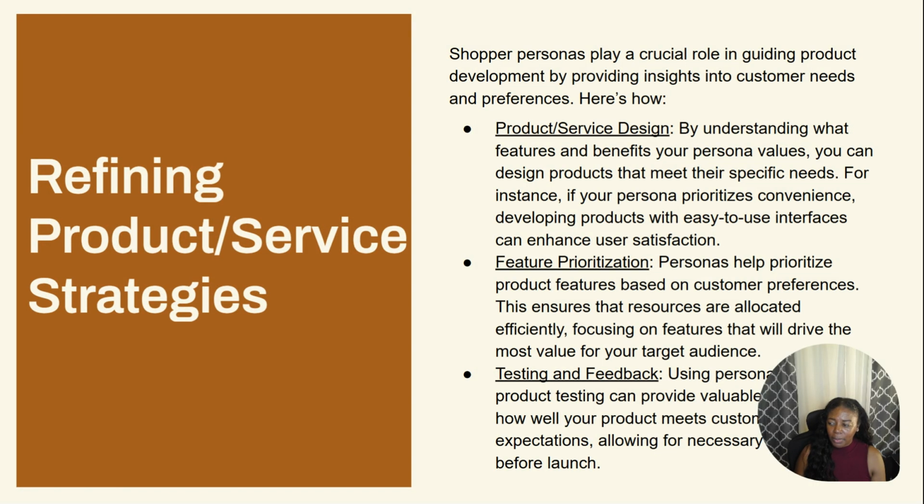And then we want to develop a product that is going to be easy to interface with, right? And so that it enhances their satisfaction. And then, of course, feature prioritization. This feature is going to basically resonate with those individuals who feel like they need more of a hands-on, personal approach or touch. So offering VIP type services, right, is going to be very important to those types of customers to be kind of exclusive, if you will.